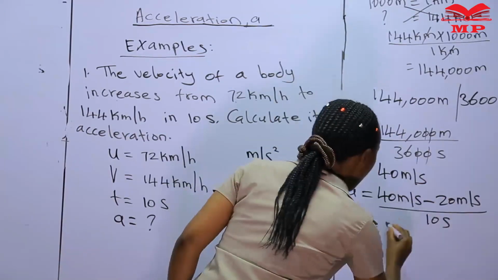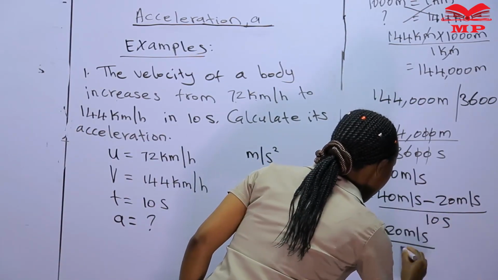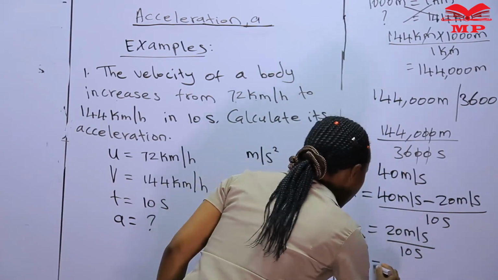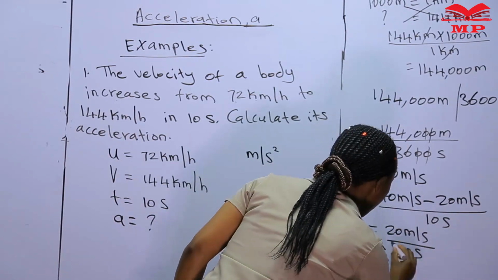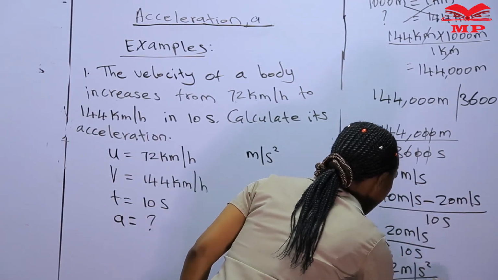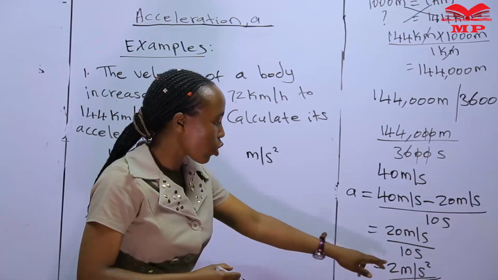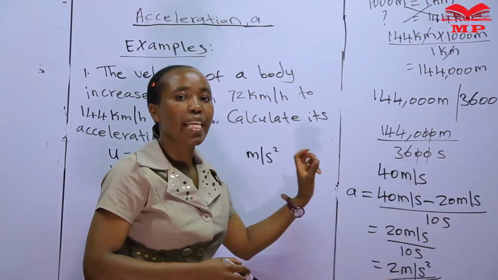So 40 minus 20 is 20 meters per second, divided by 10 seconds. We end up getting 20 divided by 10, which is 2 meters per square second. And this is the acceleration.